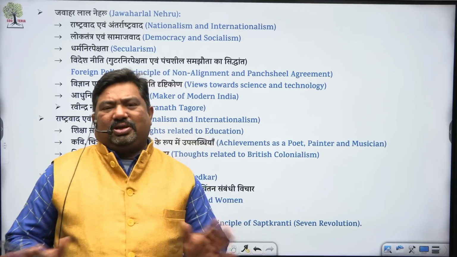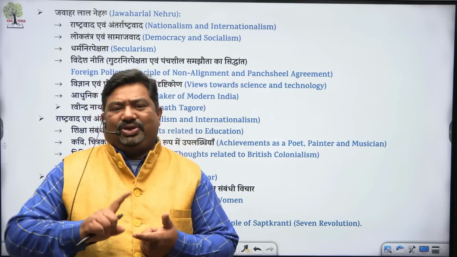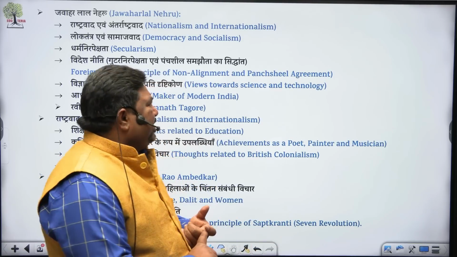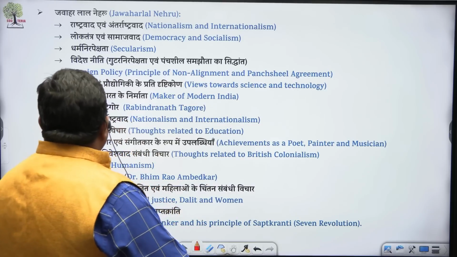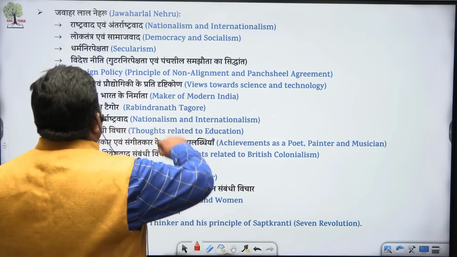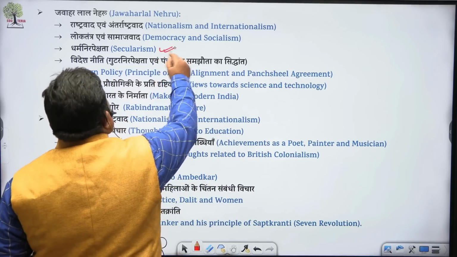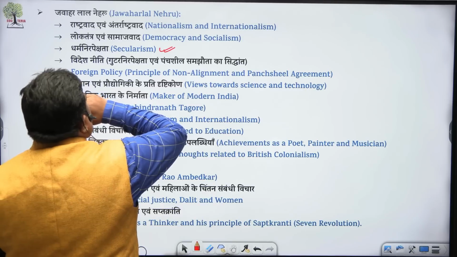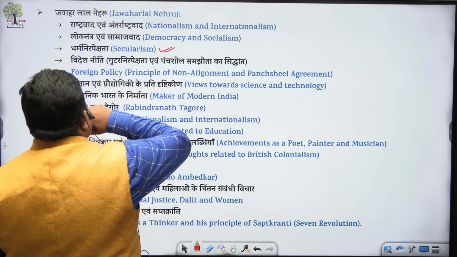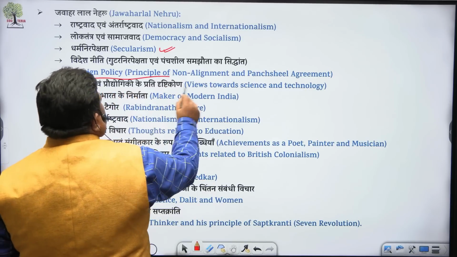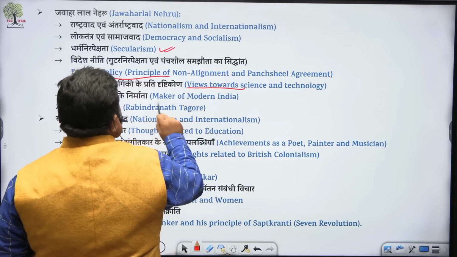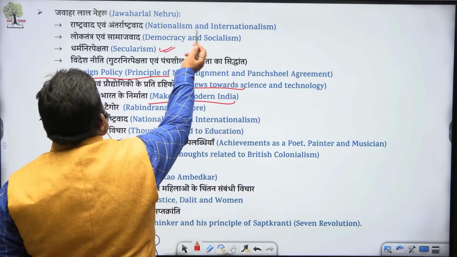In both areas, they will ask you their vision. Especially in Nehru, what I have seen, secularism is a very popular part. Sometimes they ask about foreign policy, science and technology, maker of free India, and then nationalism.